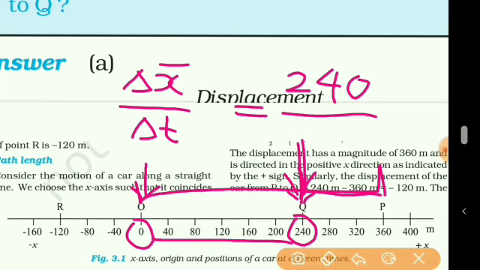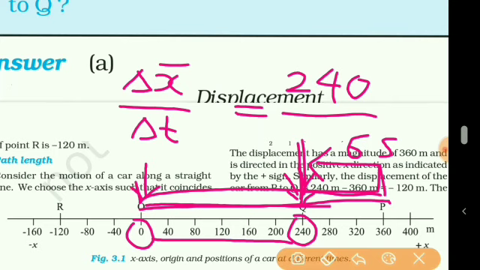Now here the time taken for P to Q is 6 seconds, given in your textbook, you can see. But for O to P, the time was 18 seconds. So 18 plus 6 will give you 24.